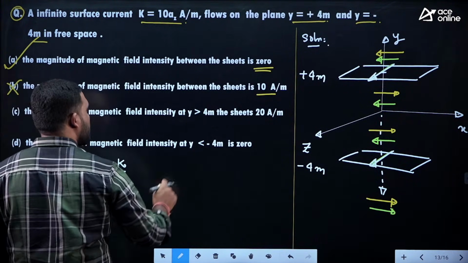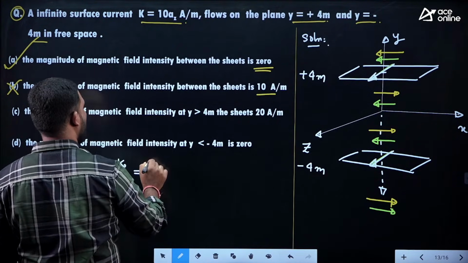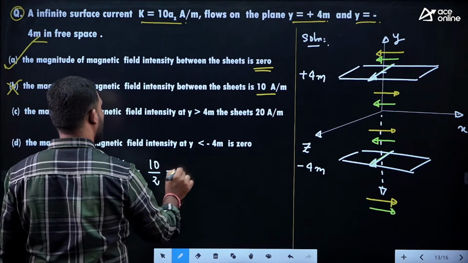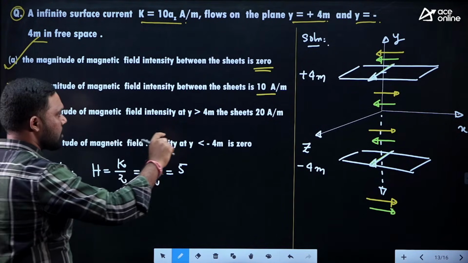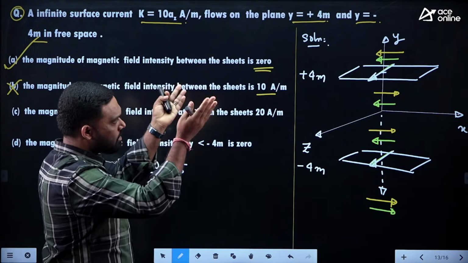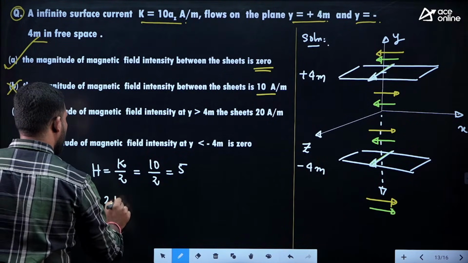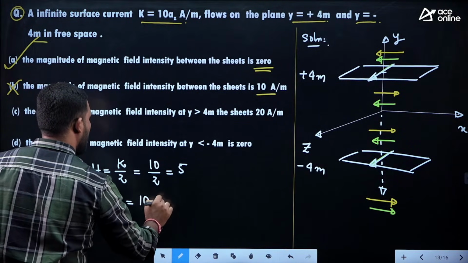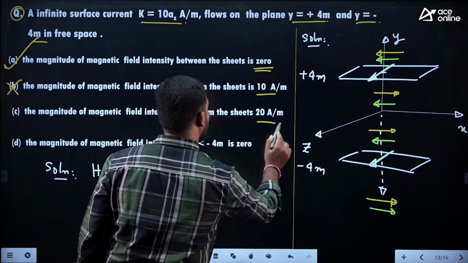So here it is asking for y greater than 4, on that side. So it is getting added up. That means it is K by 2, which is 10 ampere per meter. But what did he say? 20. So it is wrong.